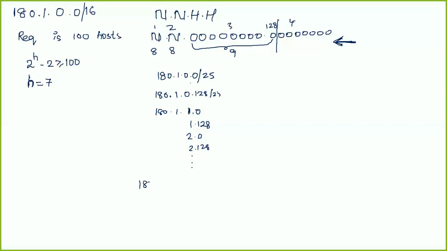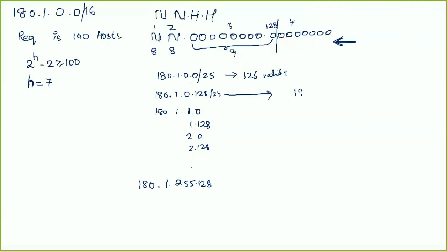The last network will be 180.1.255.128. But take any network, every network will get 126 valid IPs, because 2 power 7 minus 2, 128 minus 2 is 126. For example, I have taken this network.